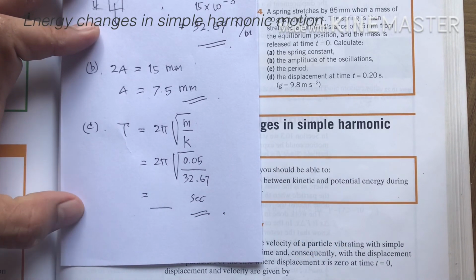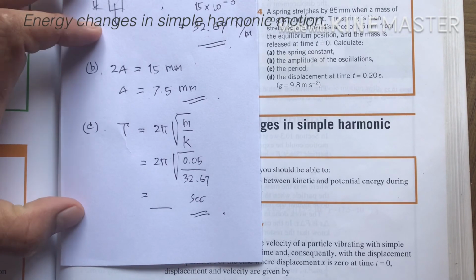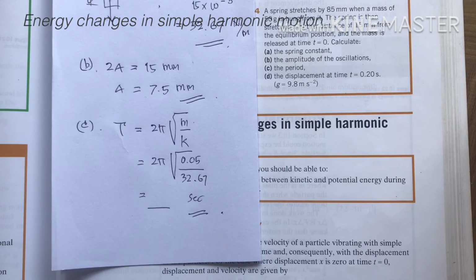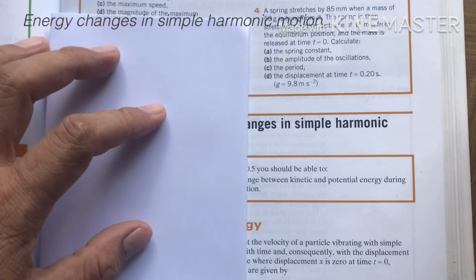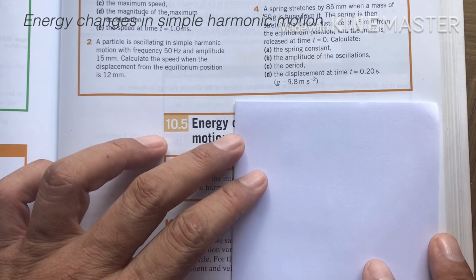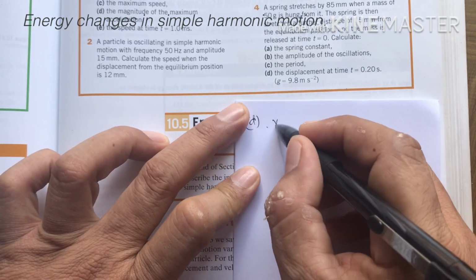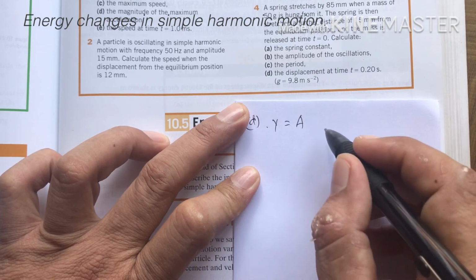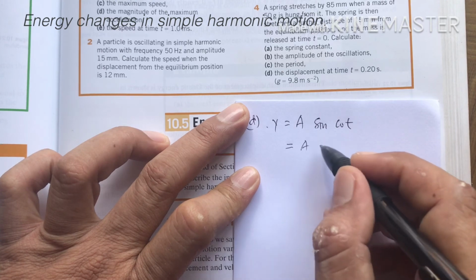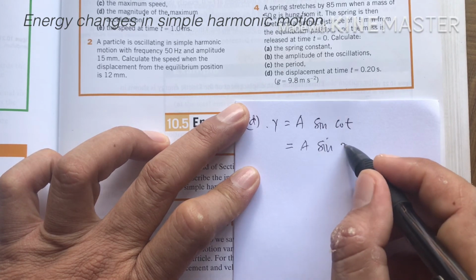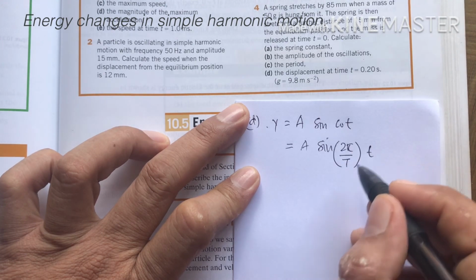Okay, the displacement at time t after 0.2. The displacement is a sine omega t, which is a sine of 2 pi over period times t.